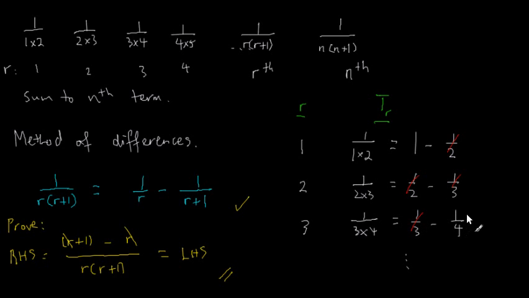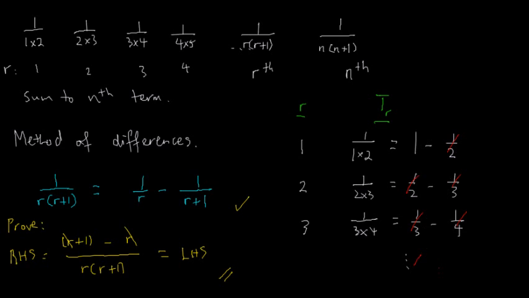And the minus 1/4 here must cancel with a 1/4 in the next term. Now that is something very convenient. If they're all going to cancel, then most of them will be gone, except for, say, the very first one and the very last one.